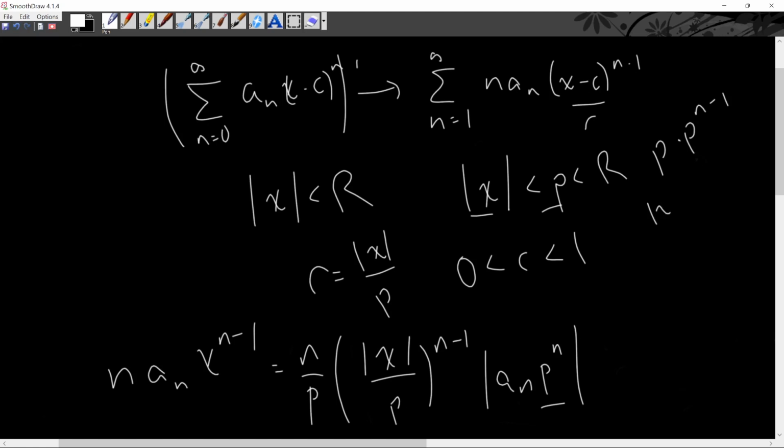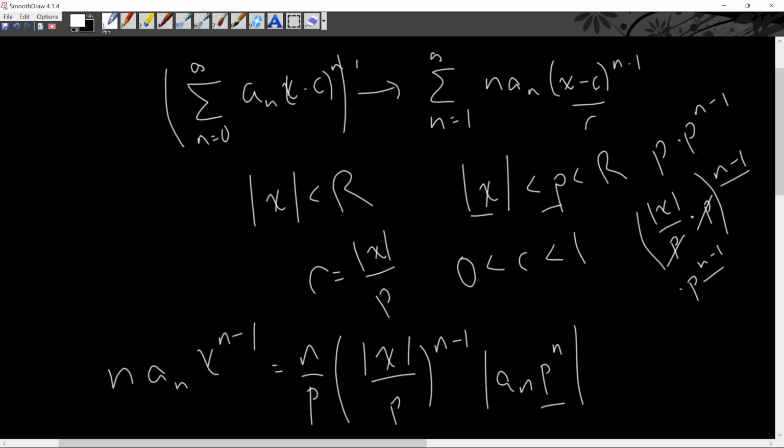And if you have the absolute value of x over p times p to the n minus 1, this will come outside because it's the same degree, and then these will cancel, which is true, right? If we just take out this p, which is what's happening.